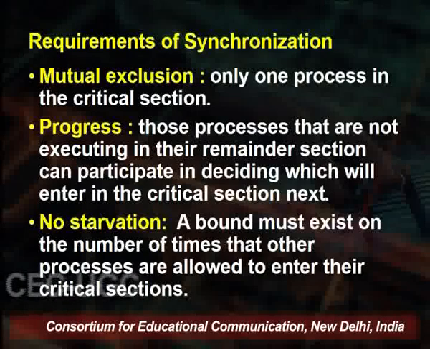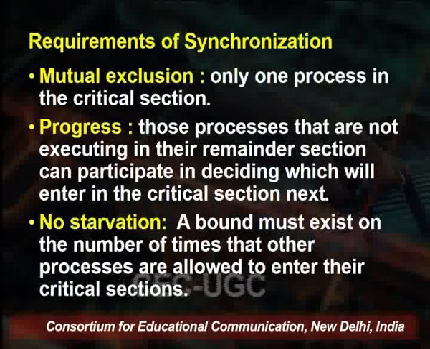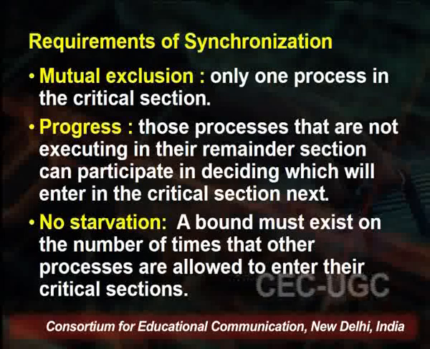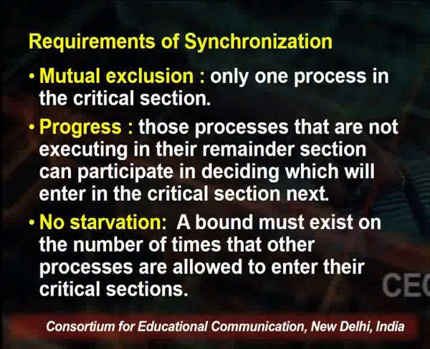So for example, let's say process i is trying to get into the critical section and has already given its request. So there will be a kind of bounded waiting. Bounded waiting says there is a bound on the maximum number of times that the other processes before this ith process are allowed to enter their critical section.